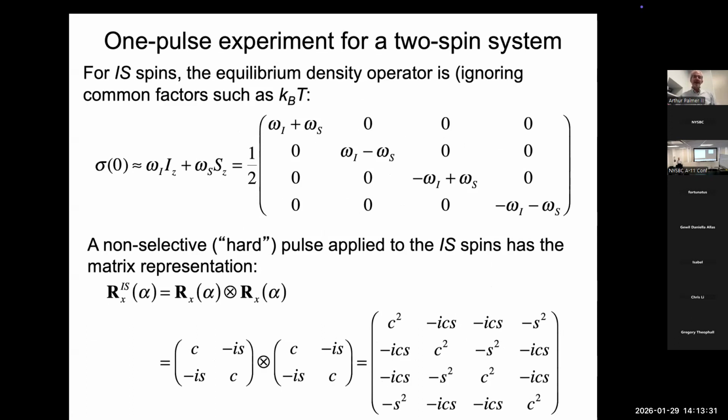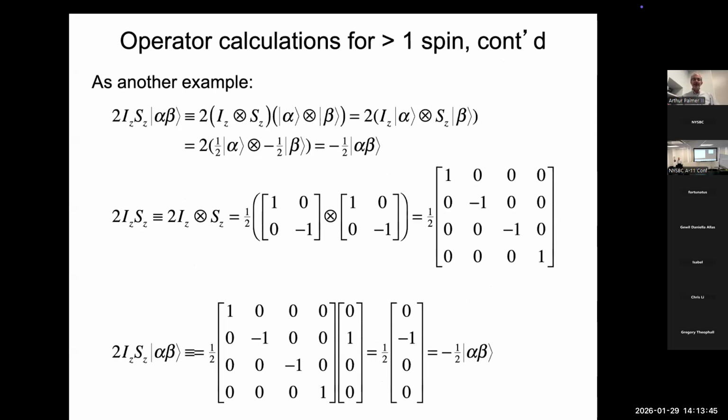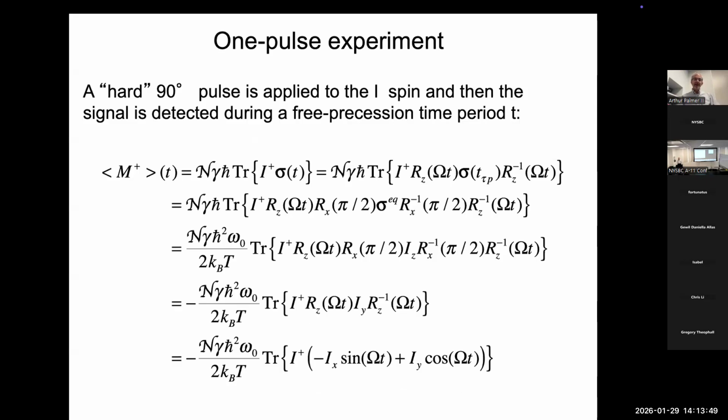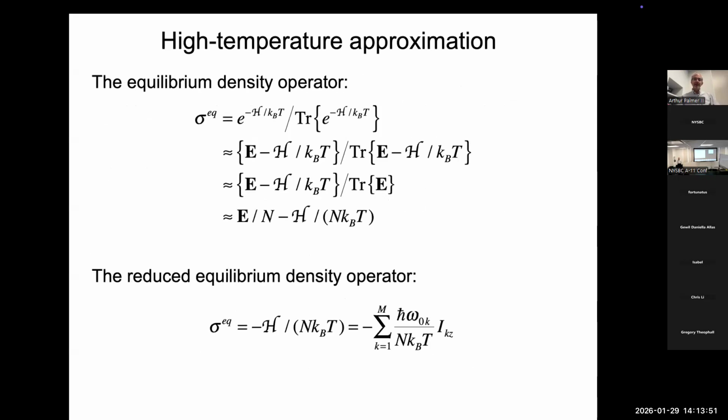So as I was saying, these diagonal elements are just the Boltzmann populations. But of course, I've left out the kT and the h-bar. If I wanted to know the real populations, if we come back where we found the equilibrium density operator, I would need to add in h-bar, the number of spins, and kT to get real numbers.